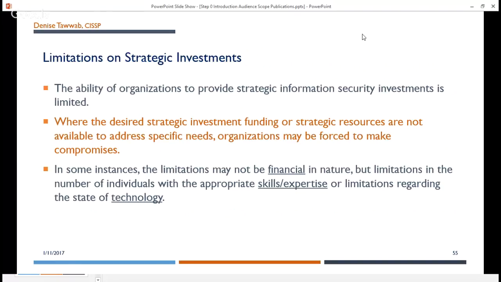In some instances, the limitations may not be financial in nature, but limitations in the number of individuals in your company or your organization with the appropriate skill set and expertise, or limitations regarding the state of technology. So technology, people, and money can limit the strategic investment that you can make in information security.